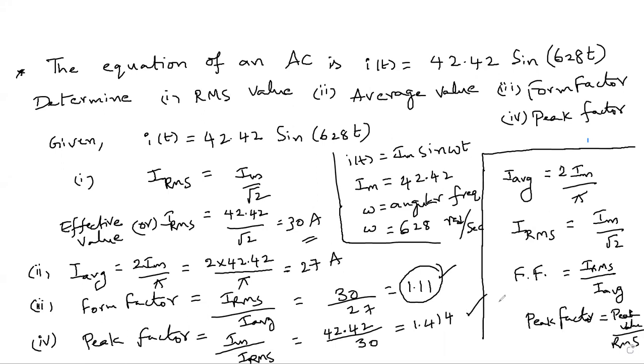By cross-checking these two values, we can confirm these two are correct readings. Understood now? Form factor, peak factor: these two values are always fixed for any problem. For a sine function, form factor is always 1.11 and peak factor is 1.414. So note it down and we will go for the next problem.